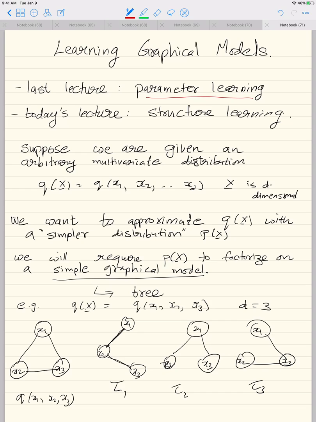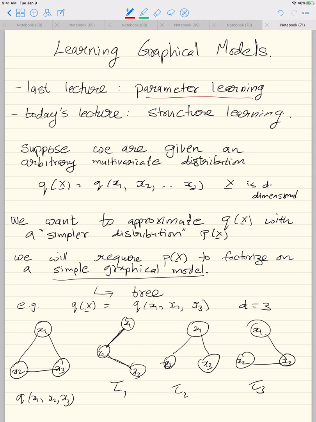Then we considered the case of partially observed models where only a subset of the variables were known. And in that case, we studied the expectation maximization algorithm in general and the detailed exact case of hidden Markov models for parameter learning.